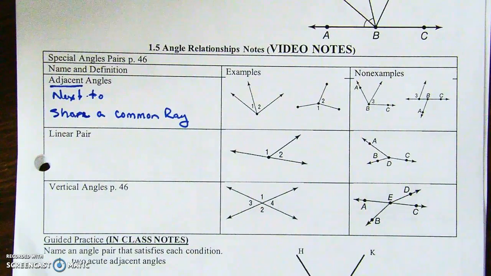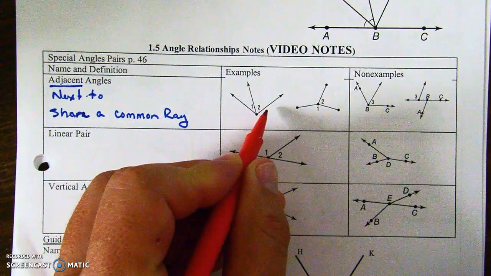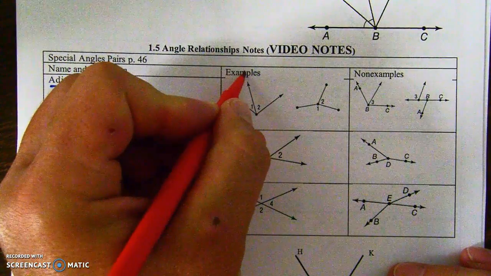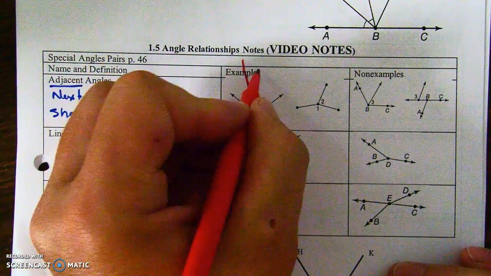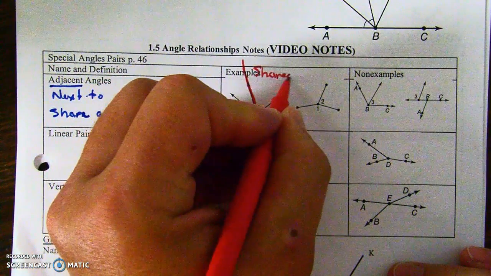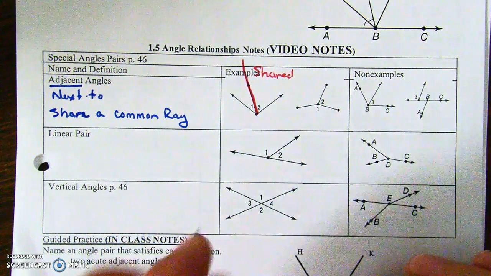So when we look at this one, and we're looking at angles 1 and 2, this ray right down in the middle is the one that is shared, okay? That means that we know that angle 1 and angle 2 are considered to be adjacent to each other.